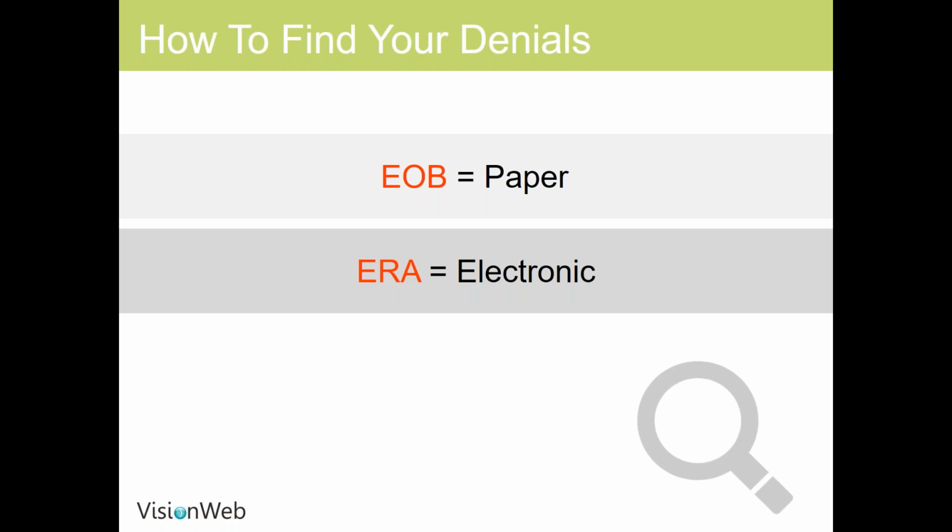If you're getting them in an EOB, it's a piece of paper, right? It's hard to aggregate that data and make decisions and see the bigger picture when everything's so anecdotal. An ERA is electronic, so it allows you to manipulate that data and understand things instead of just coming at it from in the weeds.